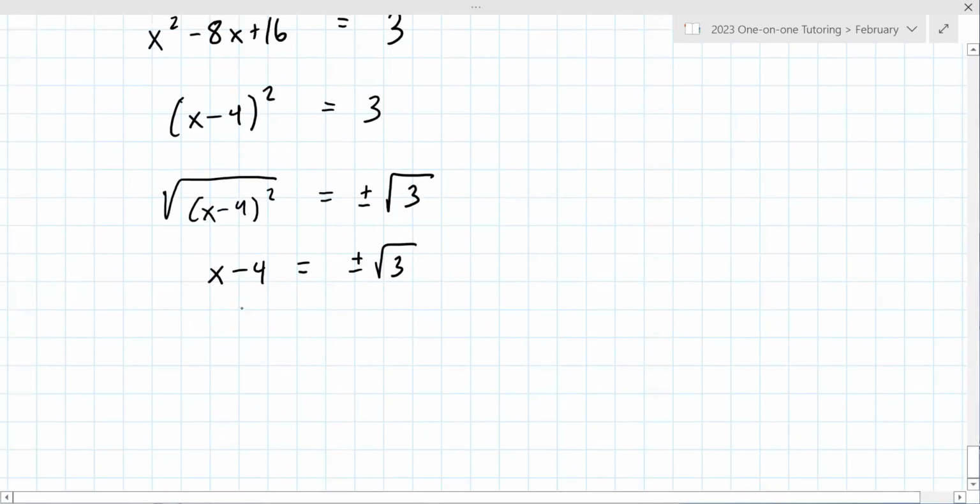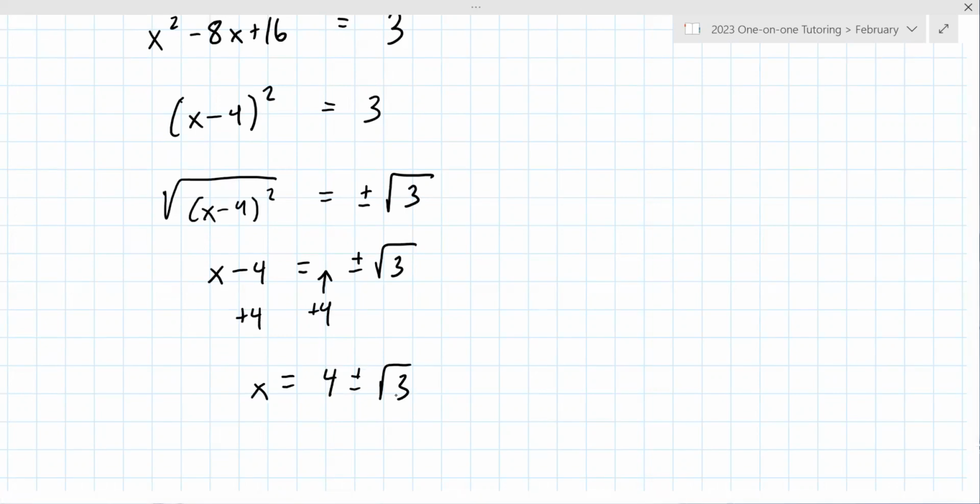And then for now, I'm just going to assume that we're going to add the 4 and push it right in front. So x equals 4 plus or minus the square root of 3. Is that okay? Yeah.